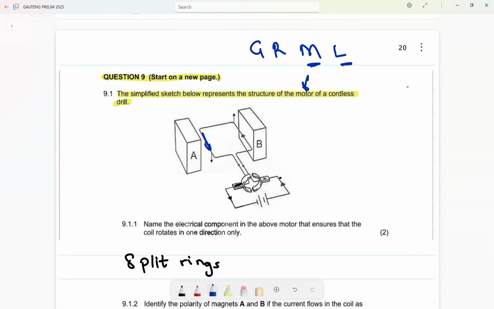The third finger, the current, should point towards you, and the middle finger should point towards you as well.